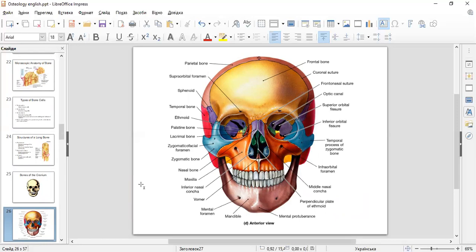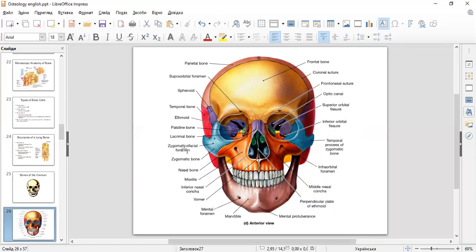The skull consists of numerous bones joined together by sutures. The only bone that has a movable articulation with the temporal bone is the mandible. The skull is divided into two parts, the neurocranium and the visceral facial skeleton.